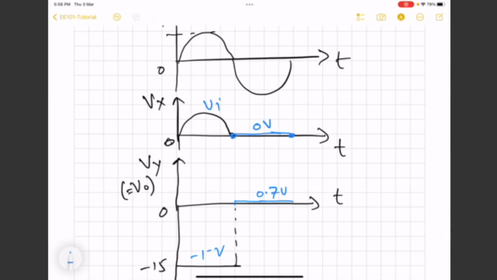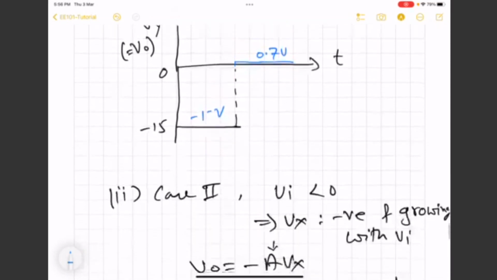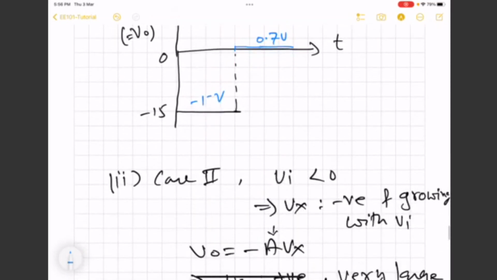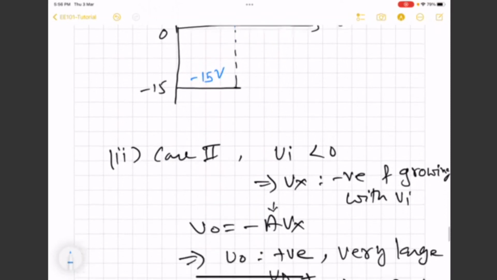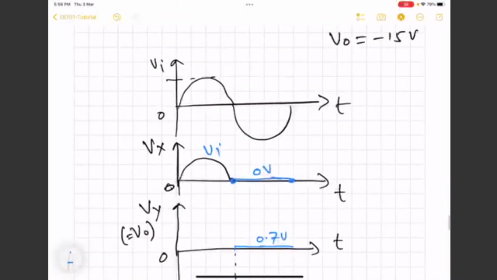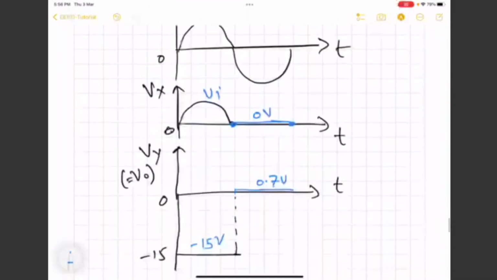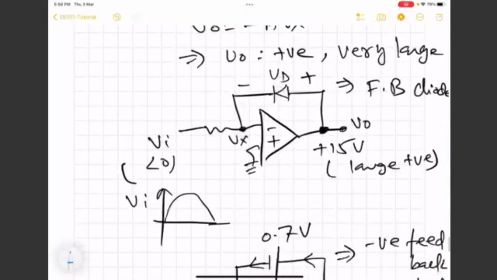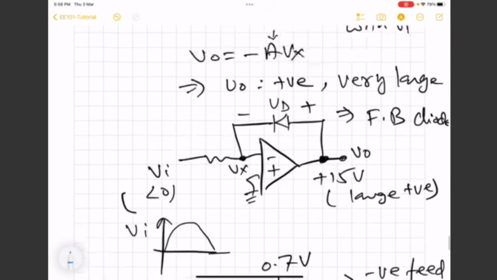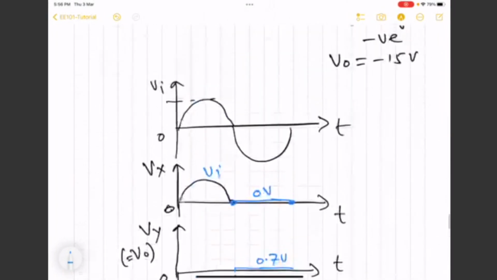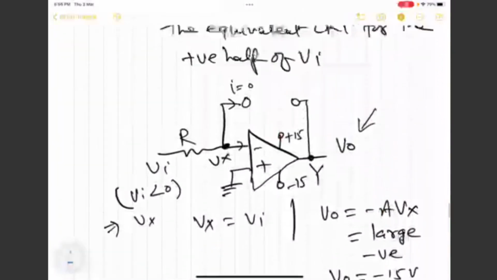And this is same as Vi. So we see that node X, which is V minus node voltage, is half a rectified version of the input, even if the input is very small, 300 millivolt.